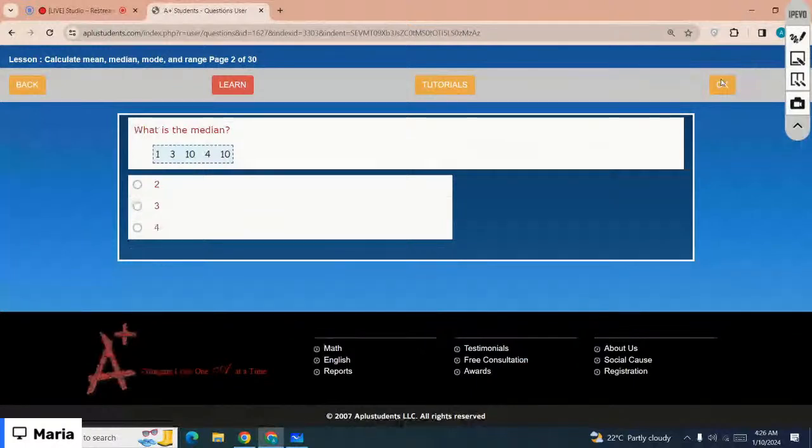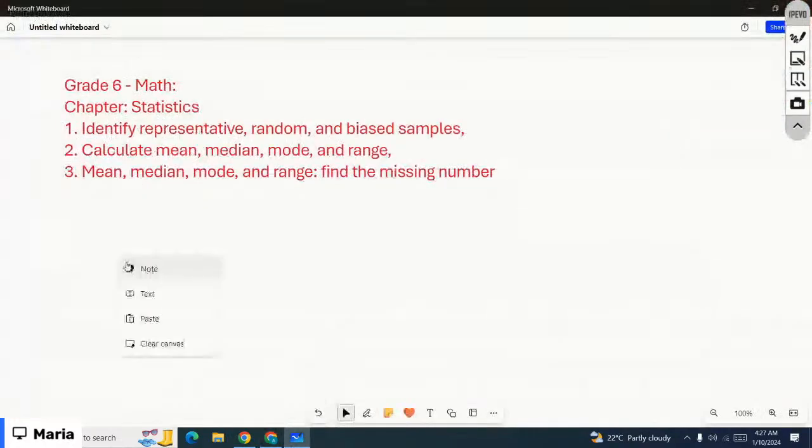What is the median? You are given the data, you need to calculate the median of the given data, right? So you can note down the definitions, right? I'm going to write them on the board. Okay.